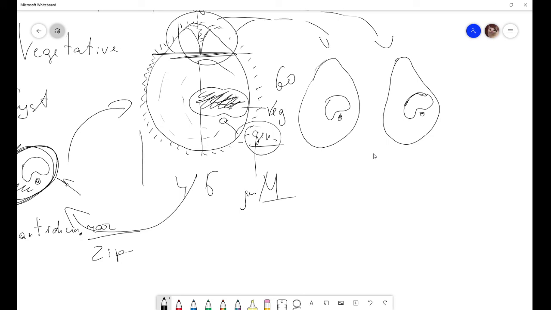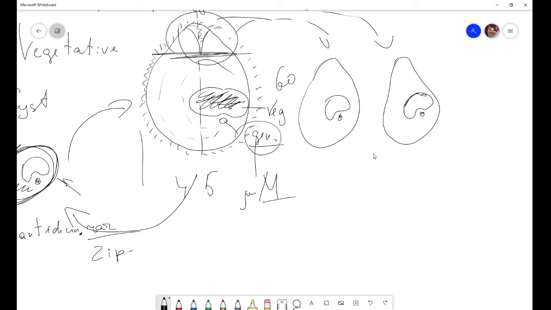And once more, severe infection may be fatal as a result of fulminant ulceration with intestinal perforation and hemorrhage.